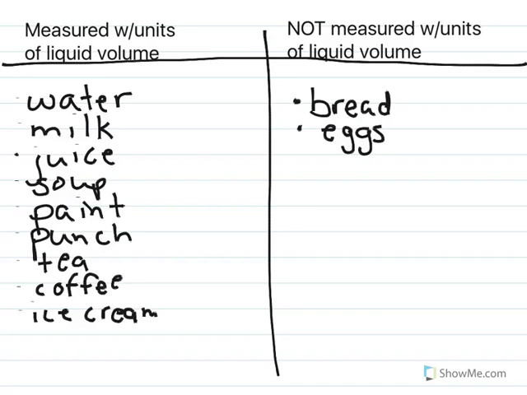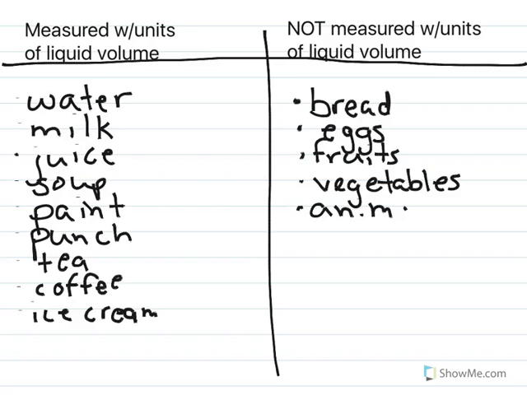But if you have the egg still in its shell, you would not measure that by liquid volume. Any fruits, they are solids, just like vegetables are solids. Just like animals, even if you're talking about the meat of an animal, the kind that you eat, you still would not measure that using liquid volume.